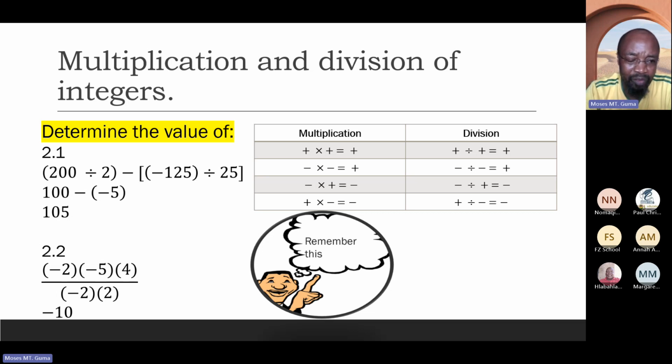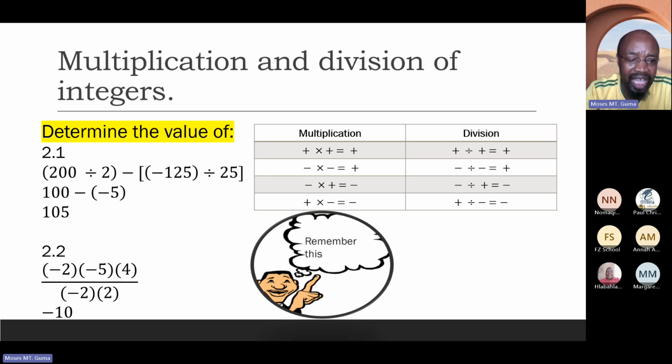Moving on to the next one, 2.2. Be careful in this one, folks. You have brackets, brackets, brackets, with nothing between the brackets, I mean a plus or a minus between the brackets. That means now we are multiplying throughout there.